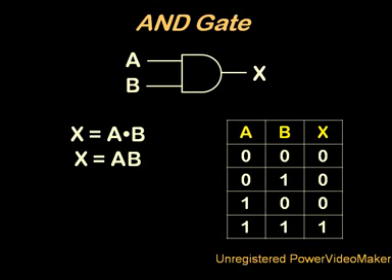And we write this in algebra using sort of a multiplication type of operation. And that makes sense if you think about it. Regular algebra would tell us if we multiply A times B and either one of them is 0, we get a 0. If A and B are both 1 and we multiply them together, we get a 1. So that same algebra works here in the Boolean form of algebra, where everything is either a 1 or a 0.